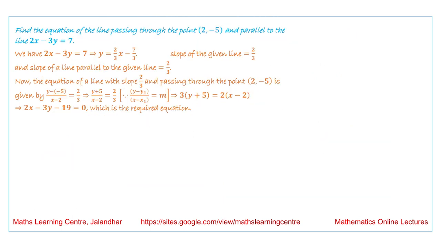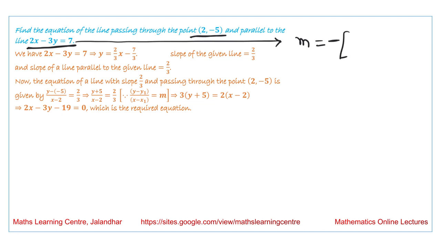Next is, find the equation of the line passing through the point 2, minus 5 and parallel to this line. Parallel to this line means we calculate the slope of this line, the value of m. It is minus sign over here, the coefficient of x is 2, and the coefficient of y is minus 3. So the slope of this line is 2 by 3.